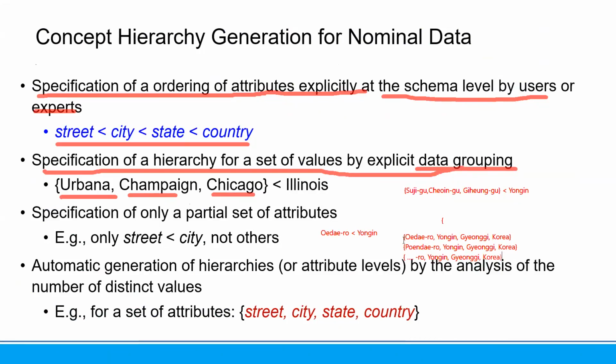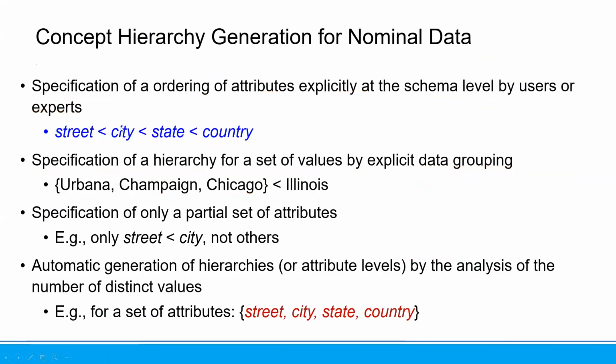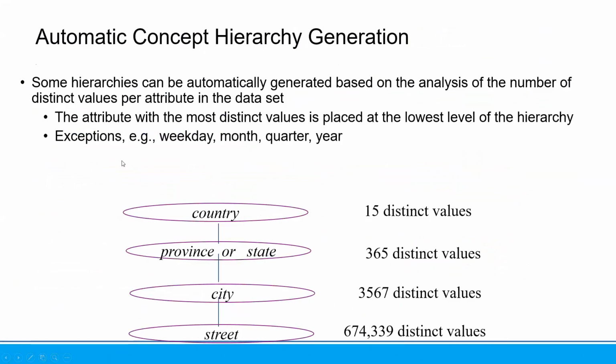So they use this automatic generation of hierarchies. So for automatic concept hierarchy generation, some hierarchies can be automatically generated based on the analysis of the number of distinct values per attribute in the dataset.